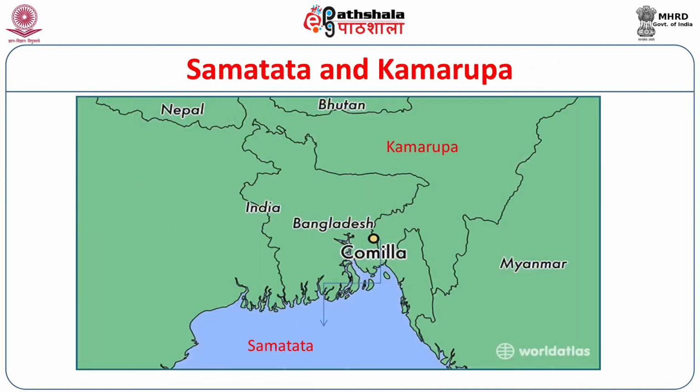So this is the map. Samatata is presently in southeastern Bangladesh. The Comilla area, that entire area, was known as Samatata, which you can understand from this map. And on the right you have Kamarupa, which is present-day Assam.